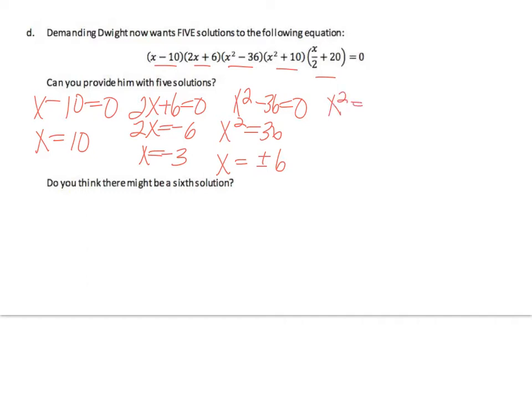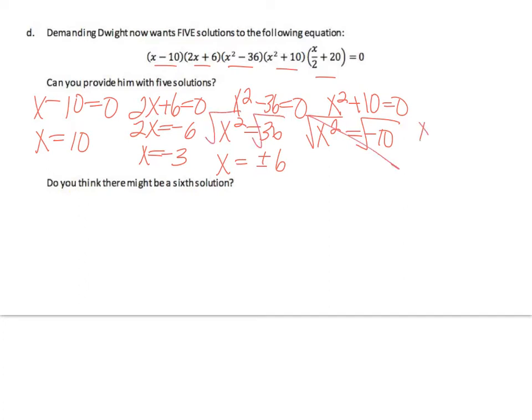x squared plus 10 equals 0, so x squared equals negative 10, subtract 10 from both sides. Take the square root of both sides, and I get an irrational number. So that one isn't valid for what we're talking about. Sorry, I should show you the square root there.